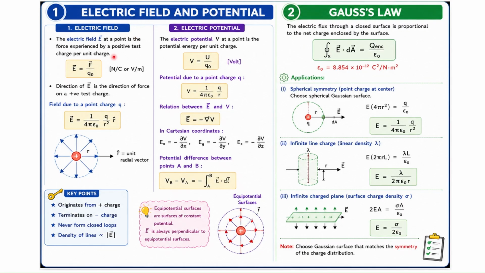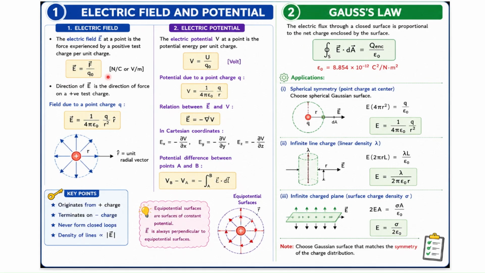Mathematically, we can define the electric field vector E at any point as the force experienced by that positive test charge per unit charge. So we have the relation E equals F over Q naught, where Q naught is a small test charge within that space.